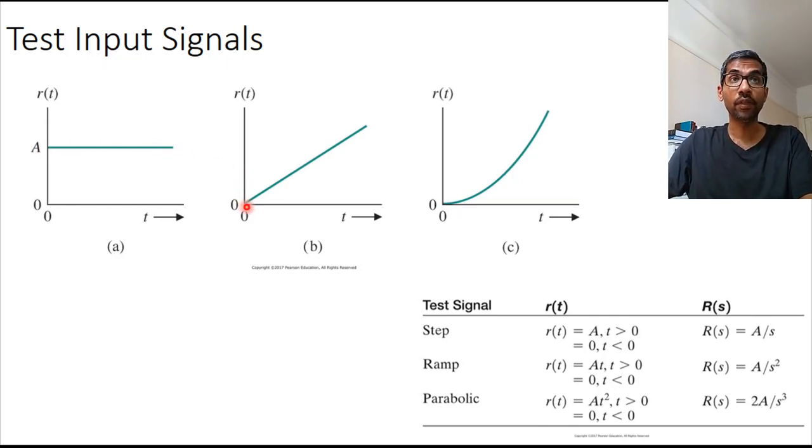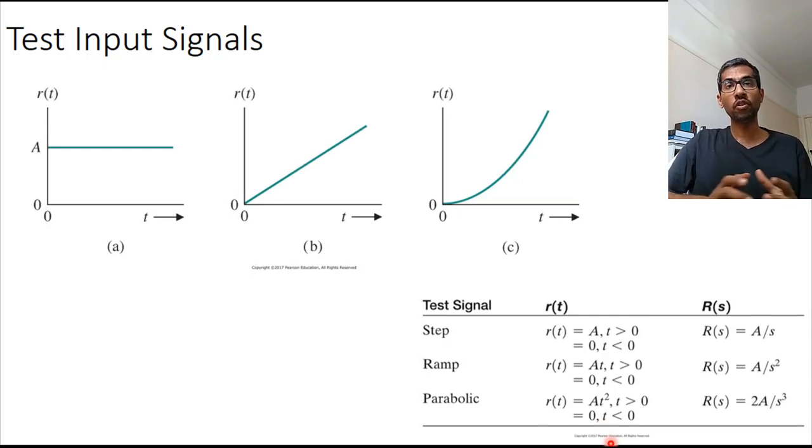A ramp input is a straight line input, a straight line increasing with time, while a parabolic input is an input which has the time relationship as t square, as is shown here in the equations.